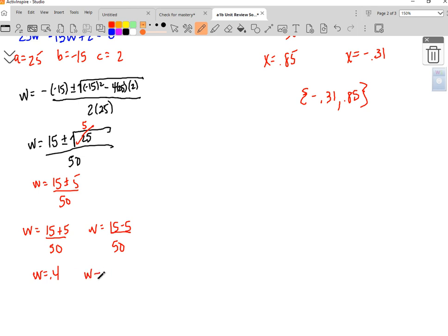And then 15 minus 5 equals, divided by 50. Very good, 0.2. And now we write it in set notation, which just means write it in the braces and put a comma in between them.